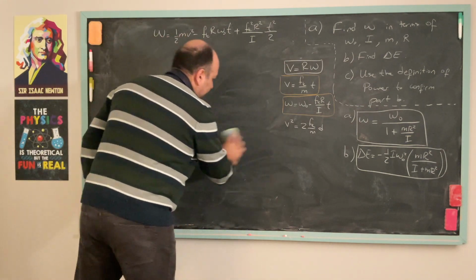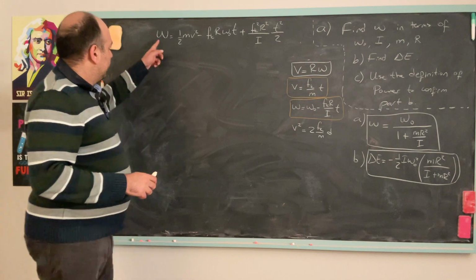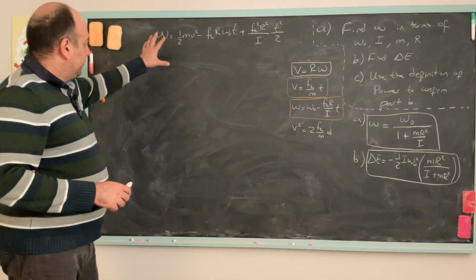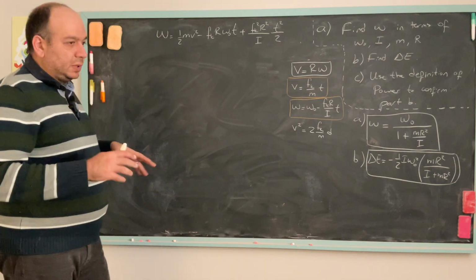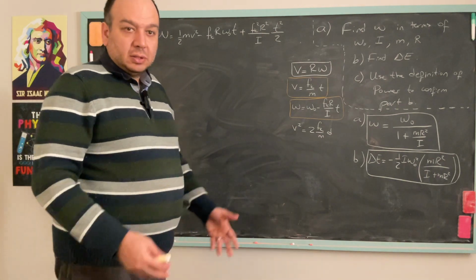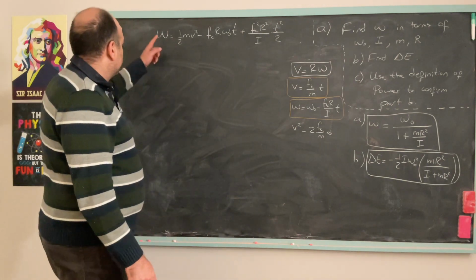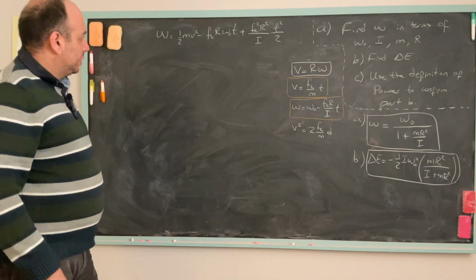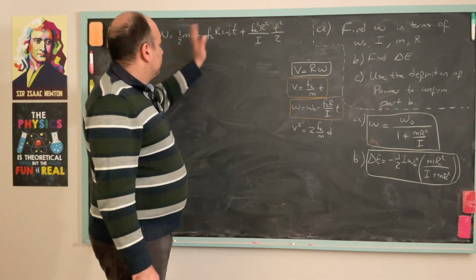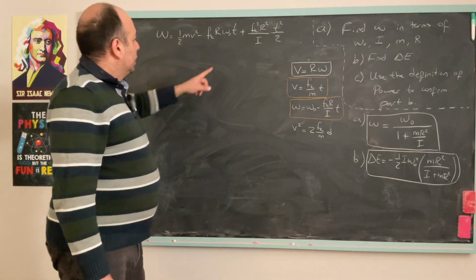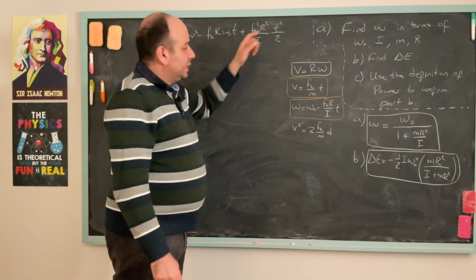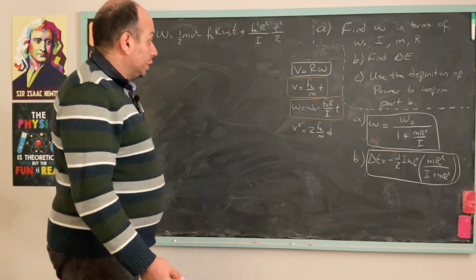We're almost getting there, right? Now, I want to simplify this expression so that it looks like the change in the total mechanical energy of the system. So this is the work done by friction, as we know, and it's time dependent here. So I want to eliminate this t in the equation.